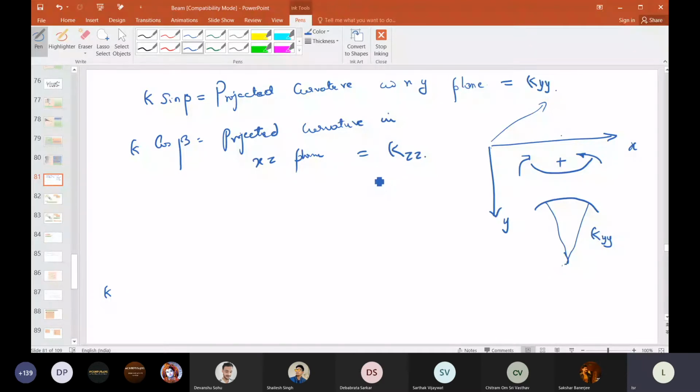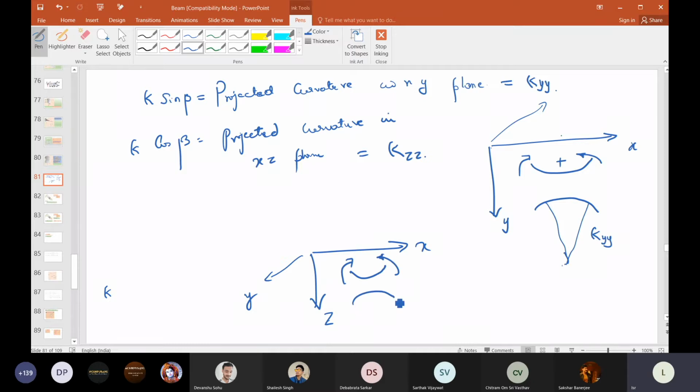Now, how do you represent that? You will represent it by X, Z actually, and I think Y will be along this. Now the positive bending moment direction will be like this.